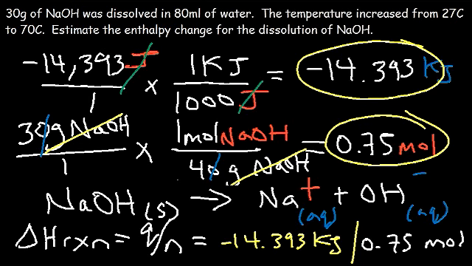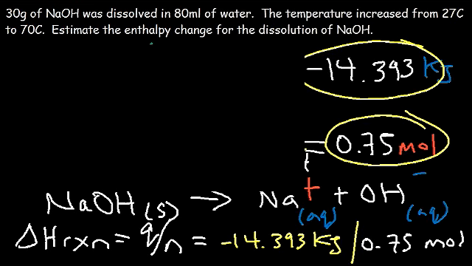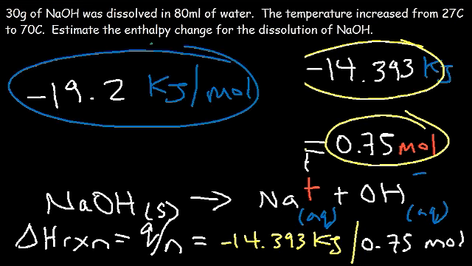So you should get negative 19.2 kilojoules per mole as the final answer for this particular example. So that's how you can estimate the enthalpy change of a reaction using calorimetry.